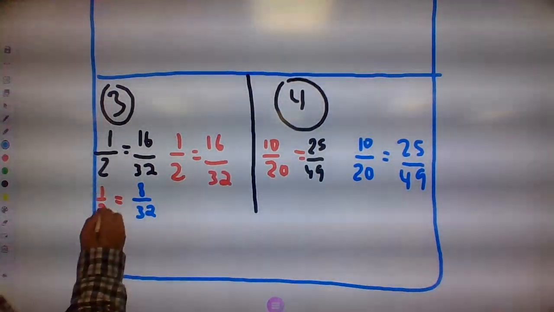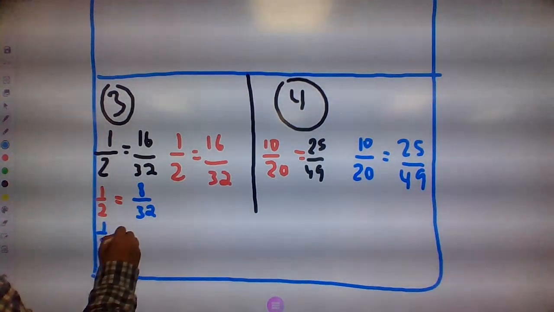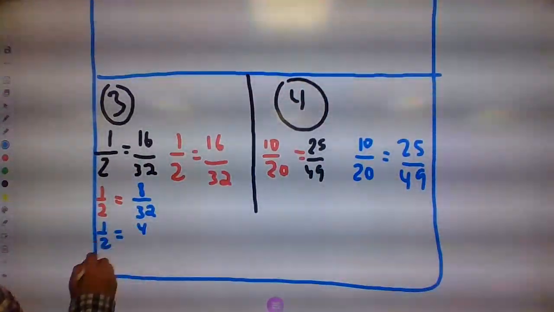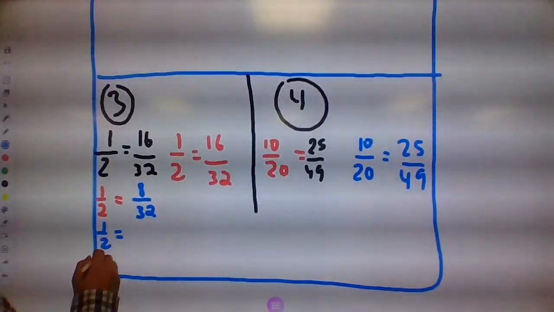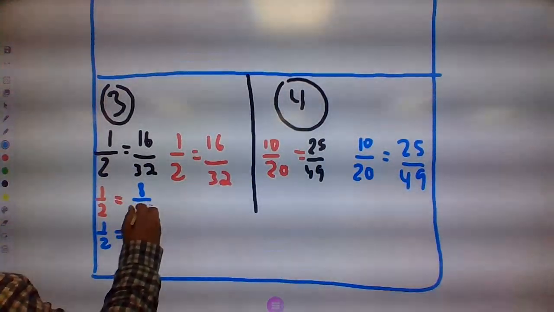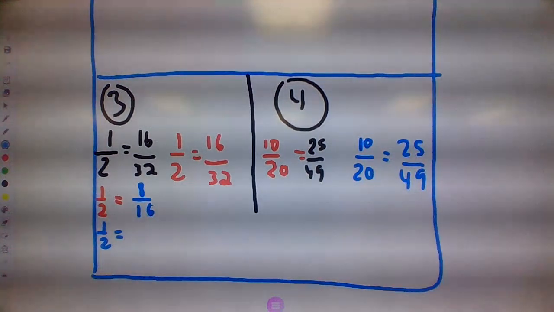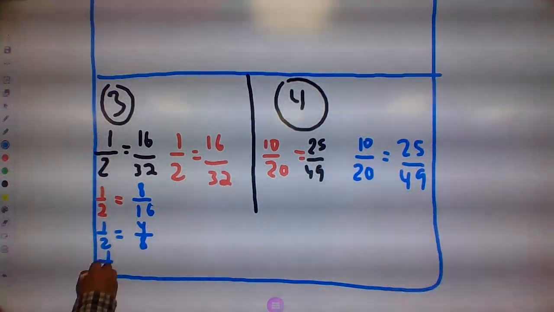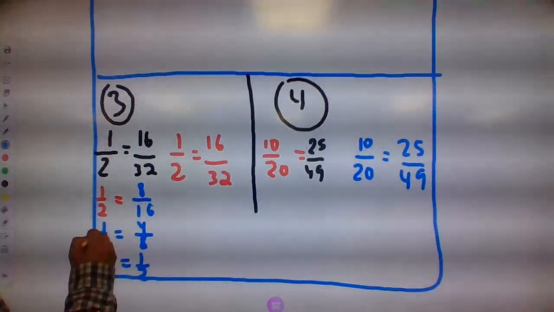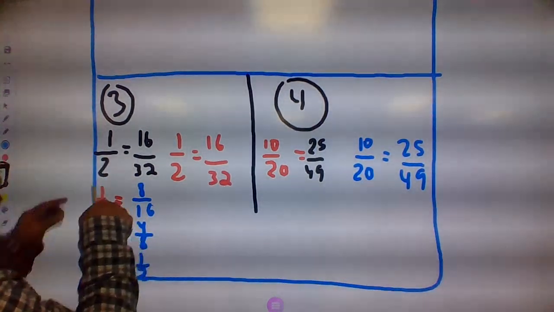Not 8 over 32, sorry about that, this is over 16. And then half it again, 4 over 8. So it looks like this is 1/2 equals 1/2. So yes, this one is equal.